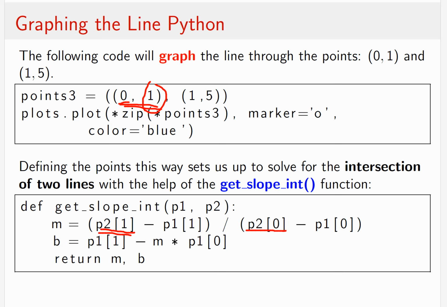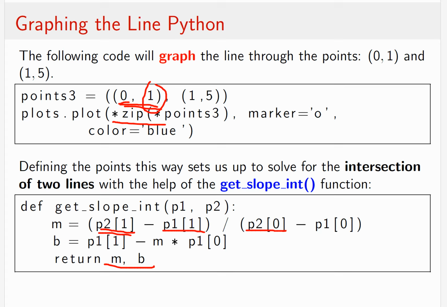So this zip and unzip is what makes all of this work. What does this function do? It just takes in the values of the 2 points and returns M and B, which are the values we need to write slope-intercept form. So now we have the slope and the intercept for this line.